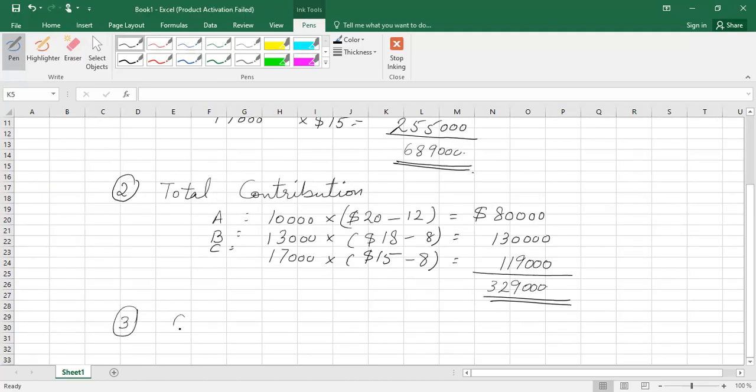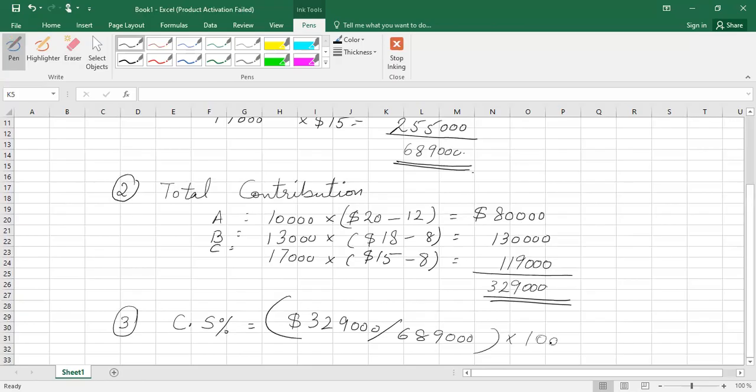Third step is CS ratio is equal to total contribution 329,000 divided by 689,000. Let me correct this. 329,000 divided by 689,000 into 100.